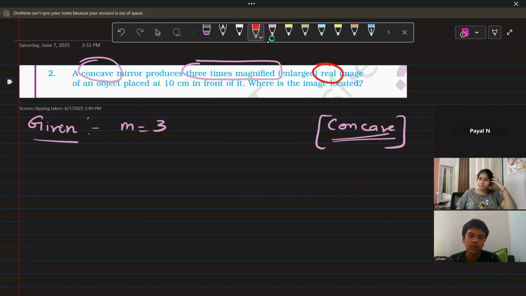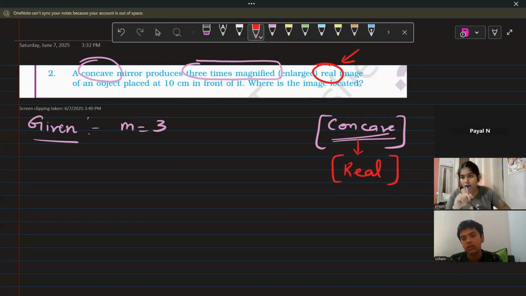Now the next word is real. It produces real. Now what is the word real? Again, try to relate. Concave में हमें real image मिलता है, right? So don't by heart the things. Try to relate it, then the numericals will be very, very easy for you. Of an object that is placed at 10 centimeter in front of it.